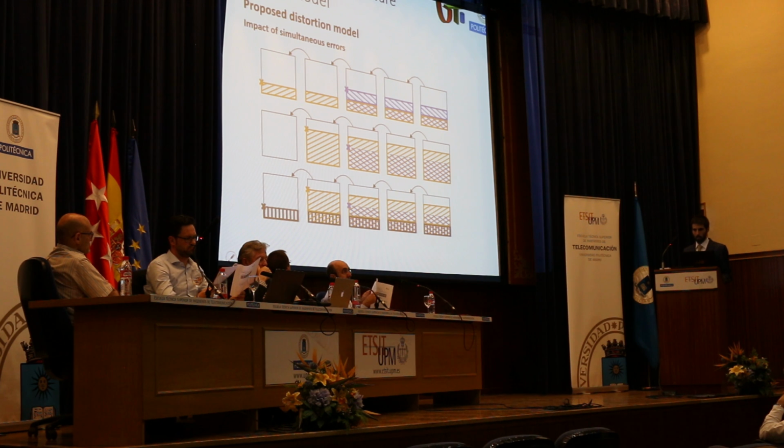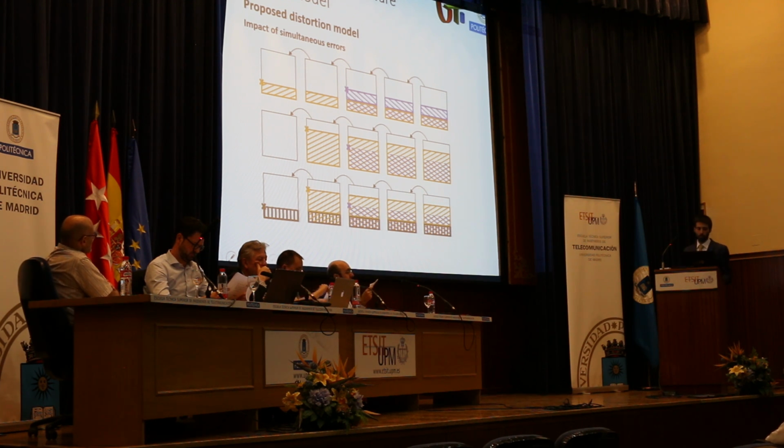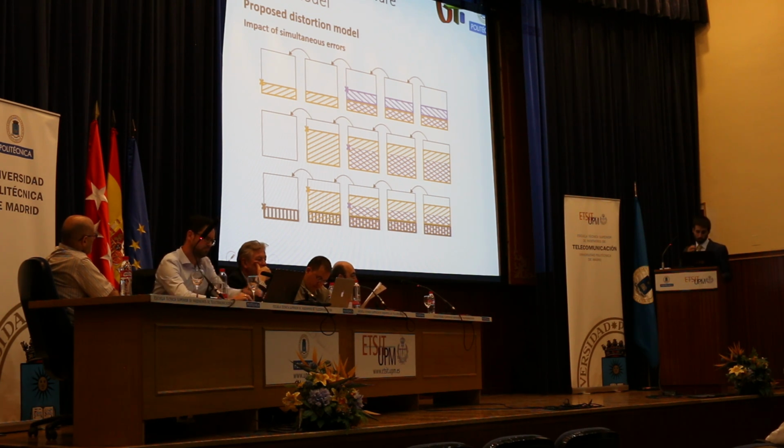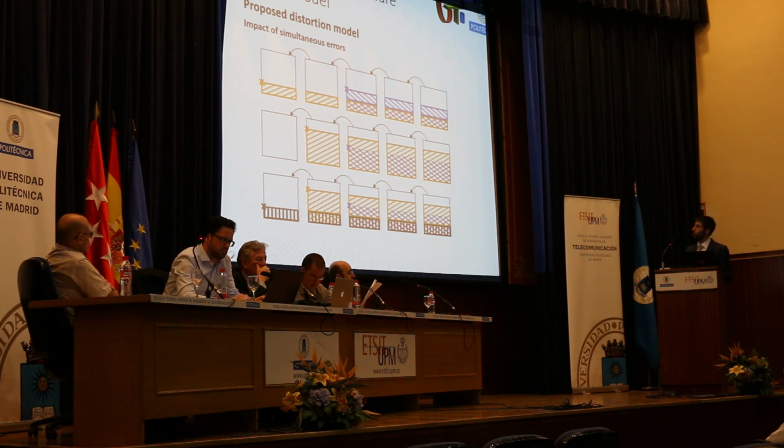Now we will consider the effect of references in the impact of a frame. To do that, we first consider the impact of simultaneous errors in one frame. So if the value of a pixel is modified by one loss, another different loss will not affect it any further.